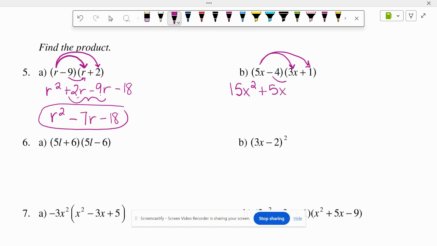Matthew, negative 4 times 3x. Awesome. And negative 4 times a positive 1. Matthew, can you give me the final answer, simplified? You can only combine those two terms in the middle.